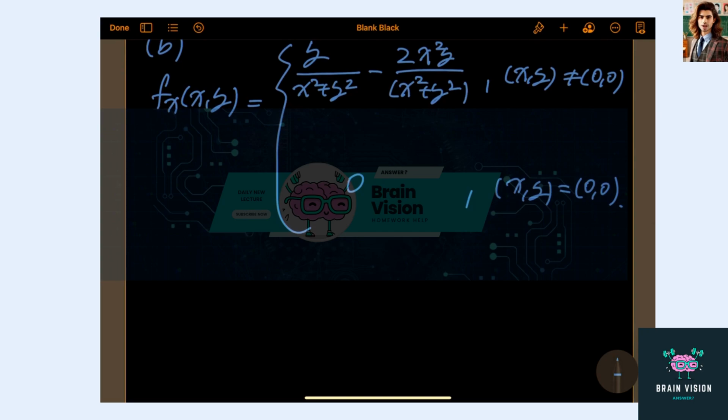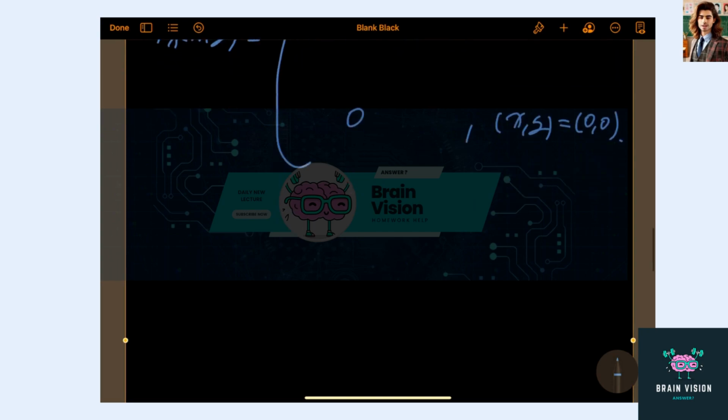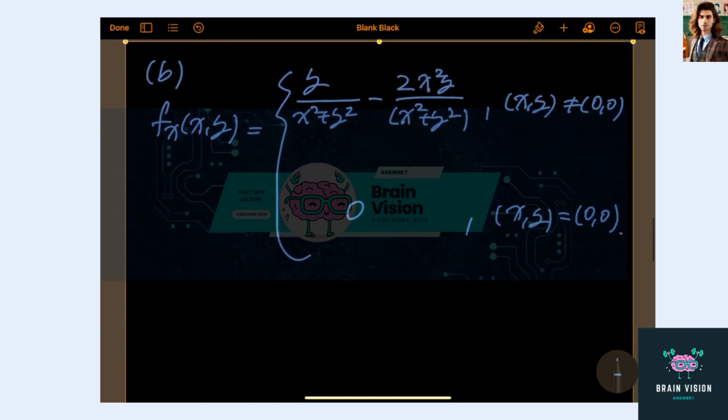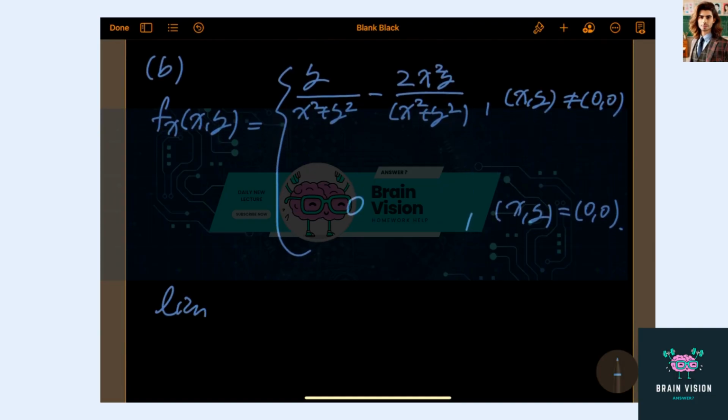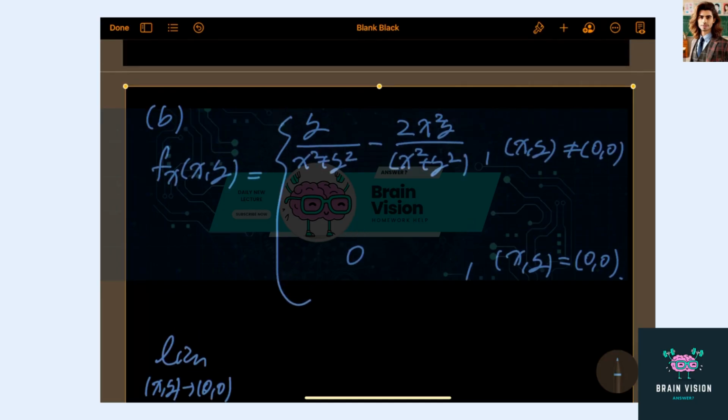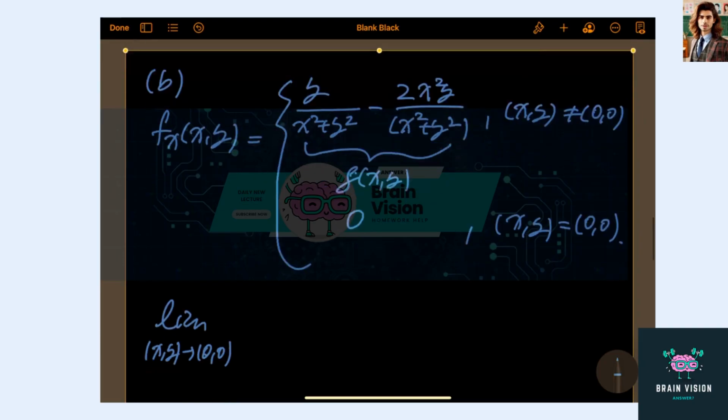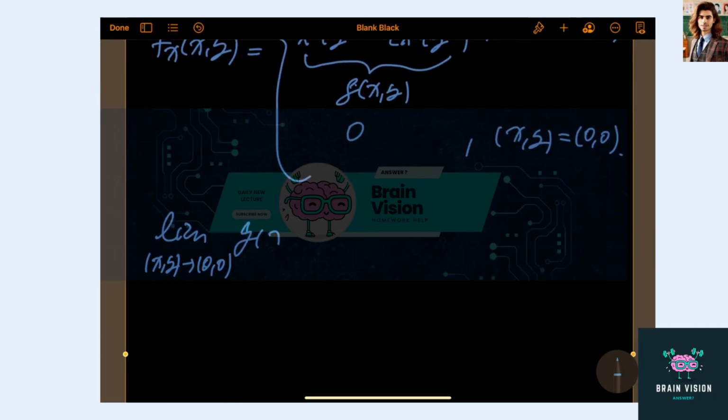Okay, so we can just take the limit as xy goes to 0, 0 of the function. I'm going to name it g of xy, and see if that leads to 0, and otherwise we can conclude that f sub x is not continuous at 0, 0.